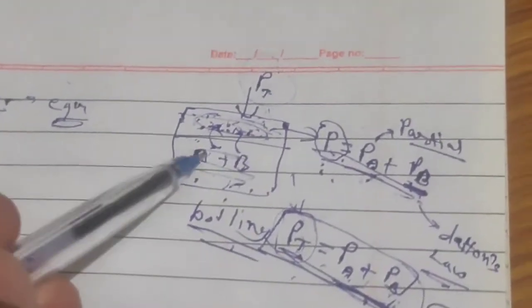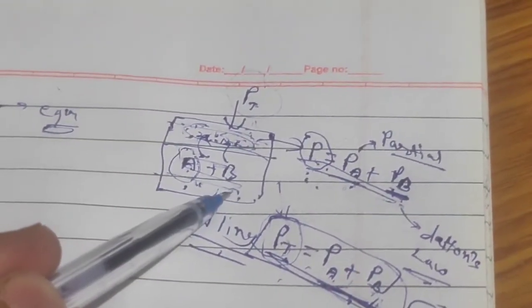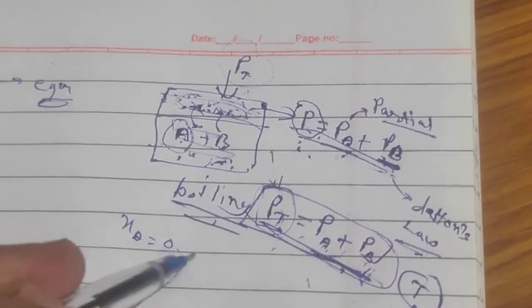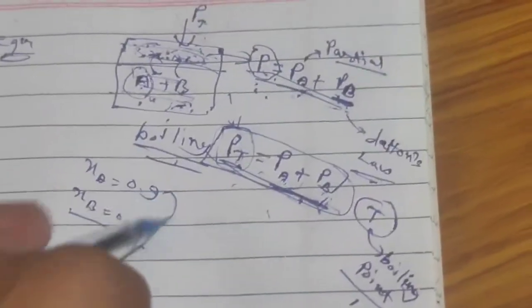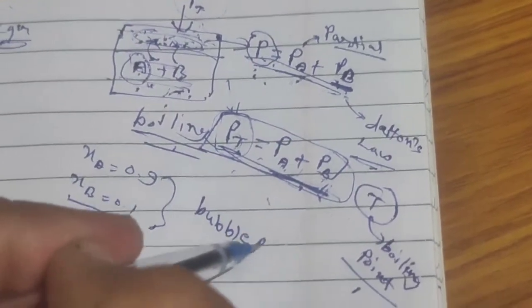Okay, so they can ask about a mixture having two components, say xA equal to 0.9, xB equal to 0.1, and ask you to find the bubble point pressure.